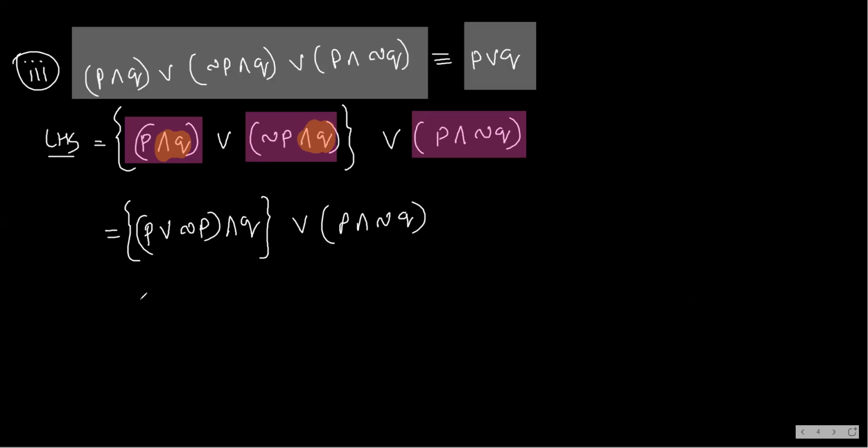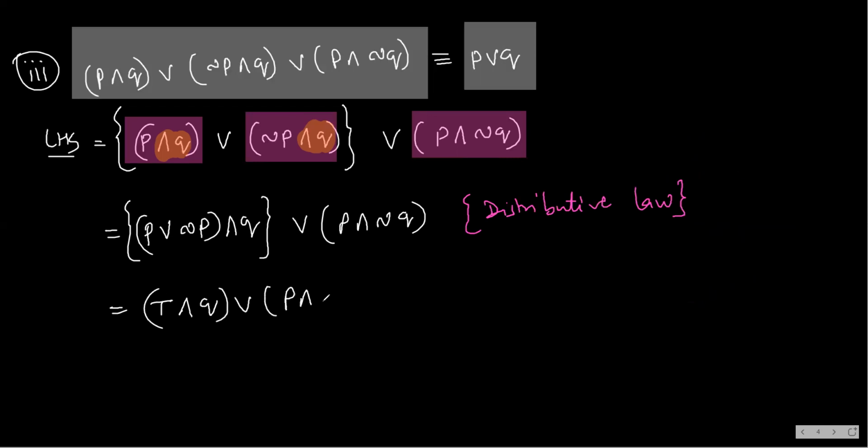Now, next thing is, here I will write this as distributive law. Then I have here P or negation P is true. This is complement law, and Q in one bracket, or this is P and negation Q. So I write here complement law.